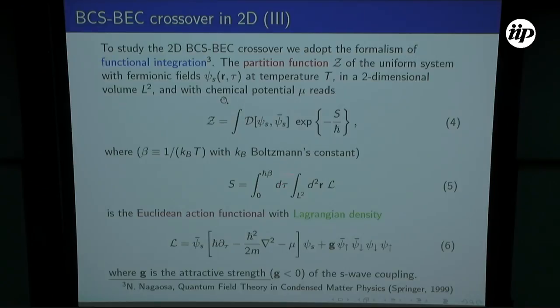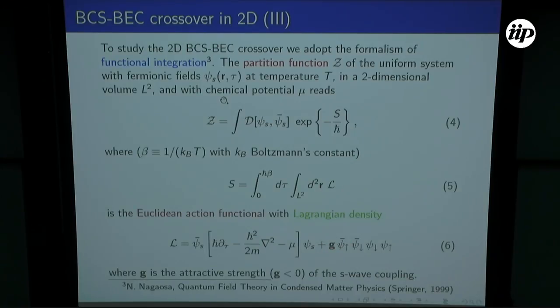The Euclidean action depends on the temperature through beta that appears here. It also depends on the volume, in this case the 2D volume, so actually an area. And here there is the Lagrangian of the system, and you see there is the chemical potential mu. And there is a constant interaction between fermions with opposite spin, and the strength of the interaction is G. G is negative. And in the BCS-BEC crossover, you are changing G.